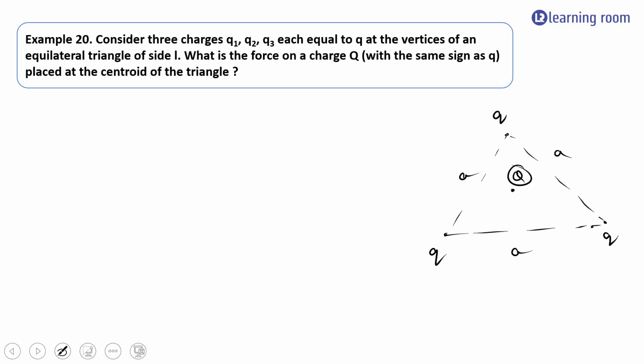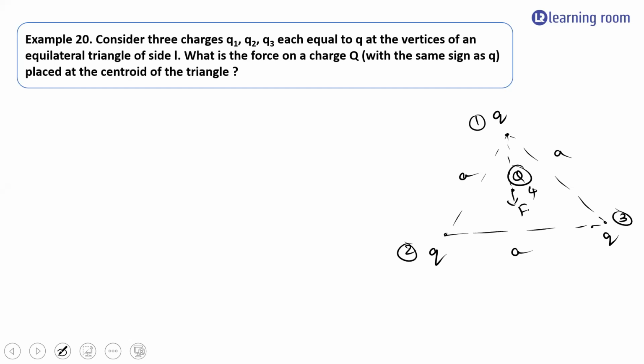So if I label this as 1, 2, and 3, and the charge capital Q as 4, and draw a line joining small q and capital Q, that is from 1 to 4, what should I write this force as? It should be F, give me the subscript.